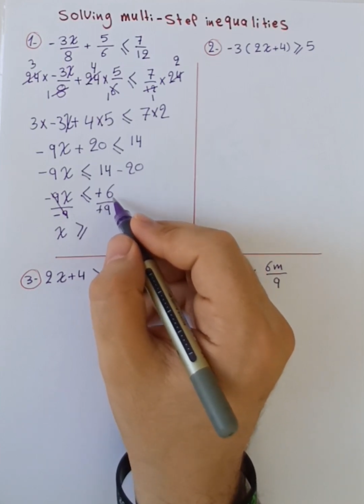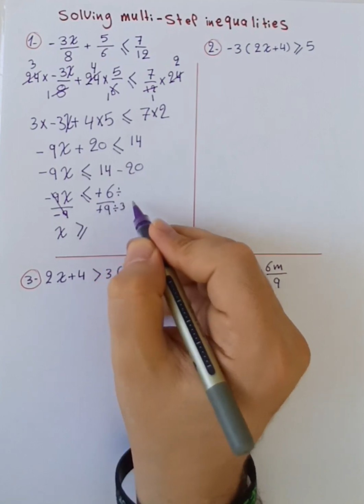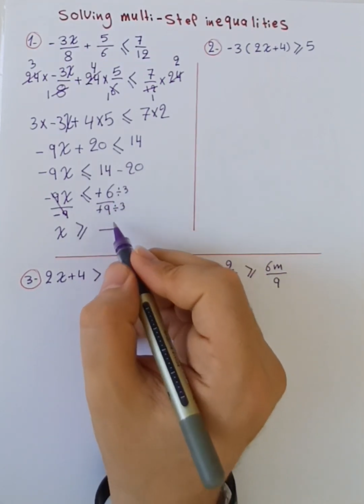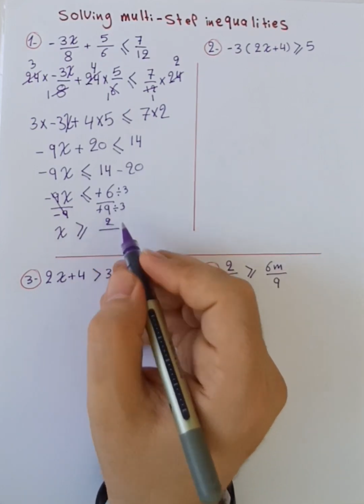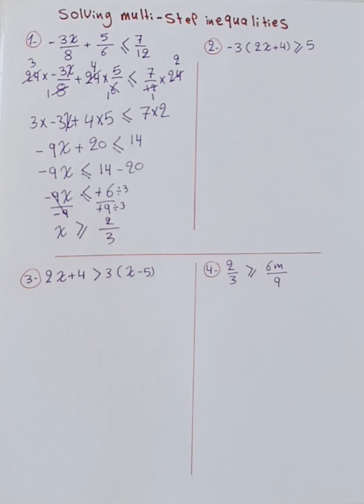The greatest common factor for 6 and 9 is 3, so we divide both by 3. 6 divided by 3 is 2, 9 divided by 3 is 3. So x is greater than or equal to 2 over 3.